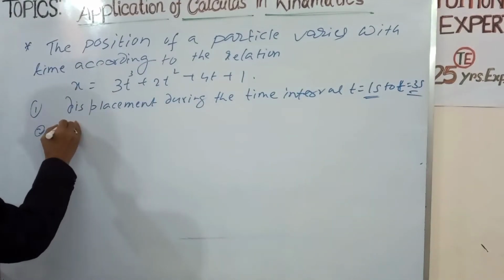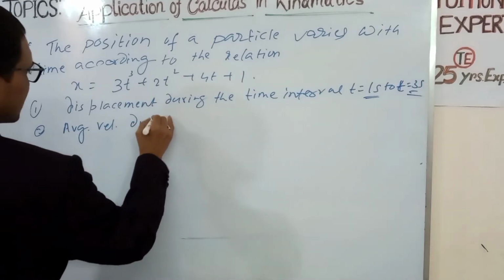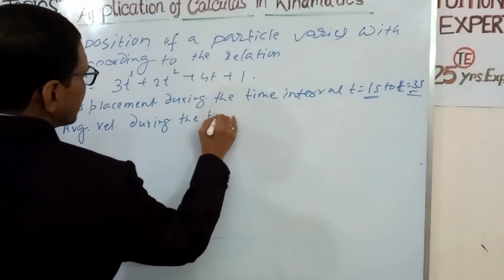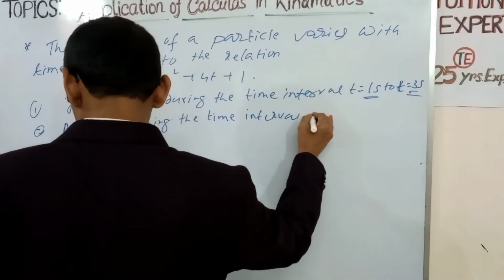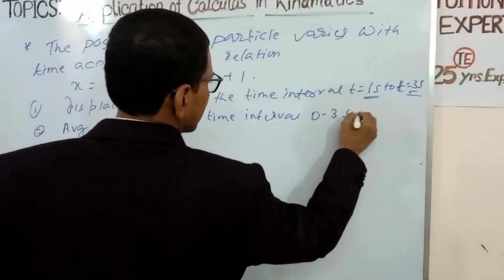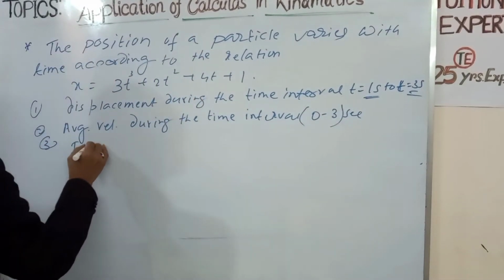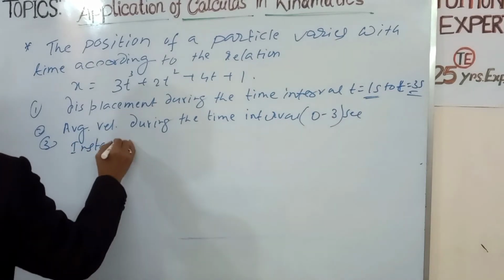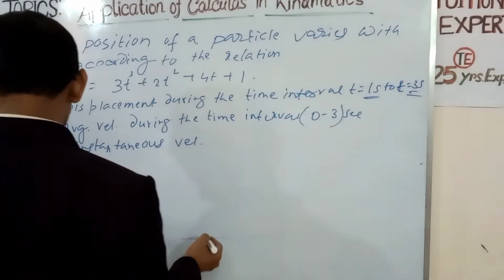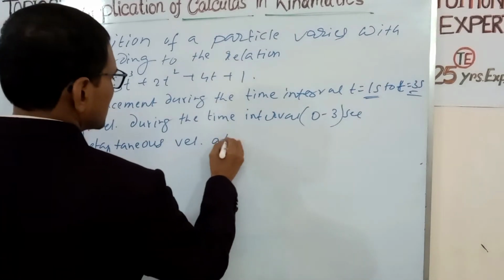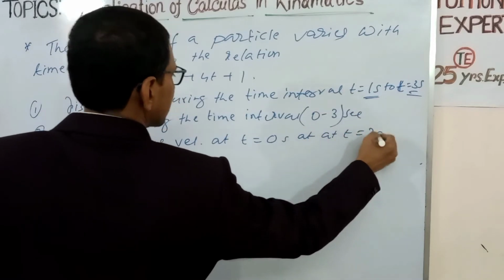One question. Second question, average velocity during the time interval 0 to 3 second, suppose. And third question, instantaneous velocity at t equal to 0 second and at t equal to 3 second.